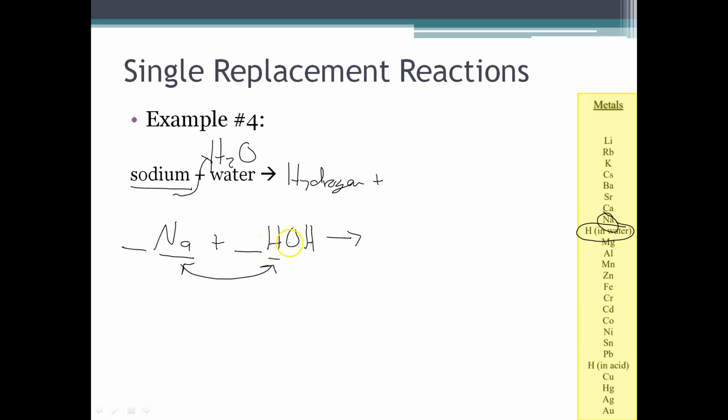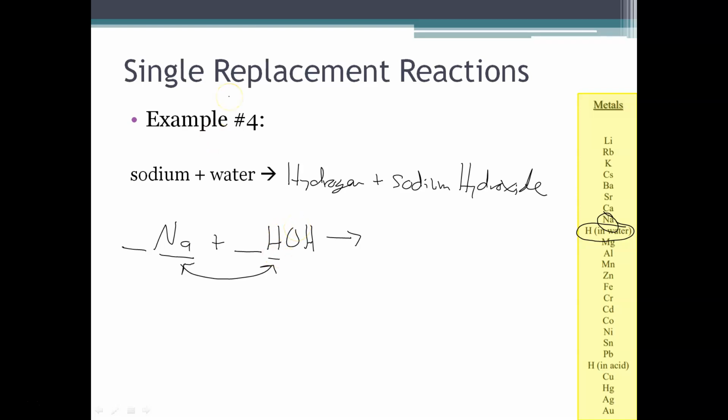You guys know OH is one of our common ions, which is hydroxide. So you're going to create sodium hydroxide. All right? So sodium plus water yields hydrogen plus sodium hydroxide. You could rewrite water if you wanted to in this situation as hydrogen hydroxide, HOH.